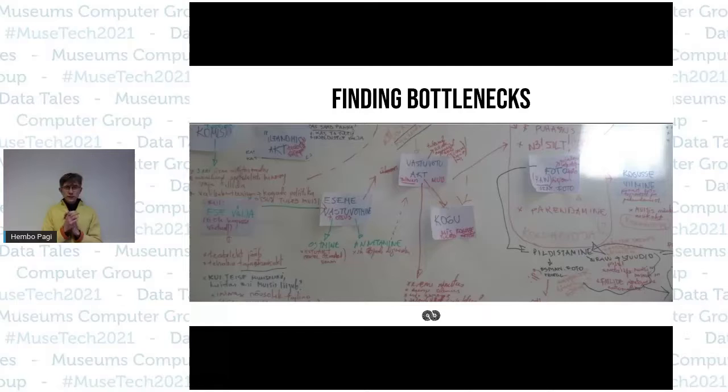So where did we start from? We were working with the Estonian War Museum, looking through their object life cycle and finding bottlenecks in the processes. The museum found many ways to improve their work, and we came up with a solution to speed up the inventory and digitization process.